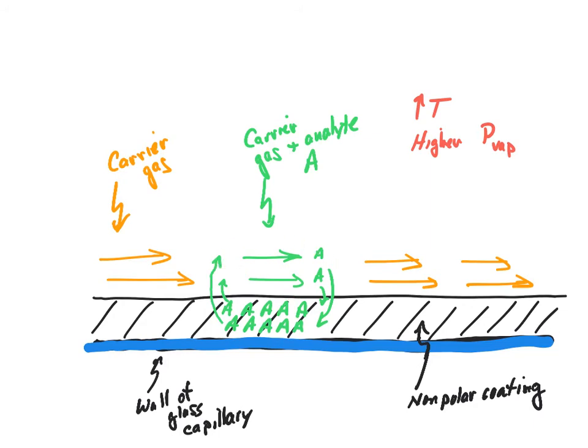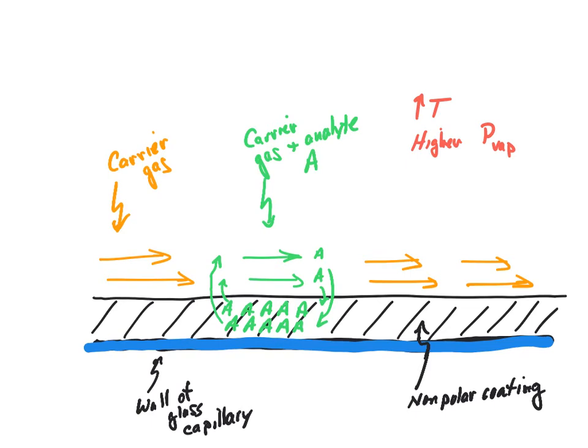But as it evaporates into the column, the carrier gas moves it along. And then it reaches a new spot in the nonpolar coating where there's less analyte, and so it tries to partition back in. But that means, as this is moving, the concentration of analyte here is less again, and so analyte tries to evaporate.